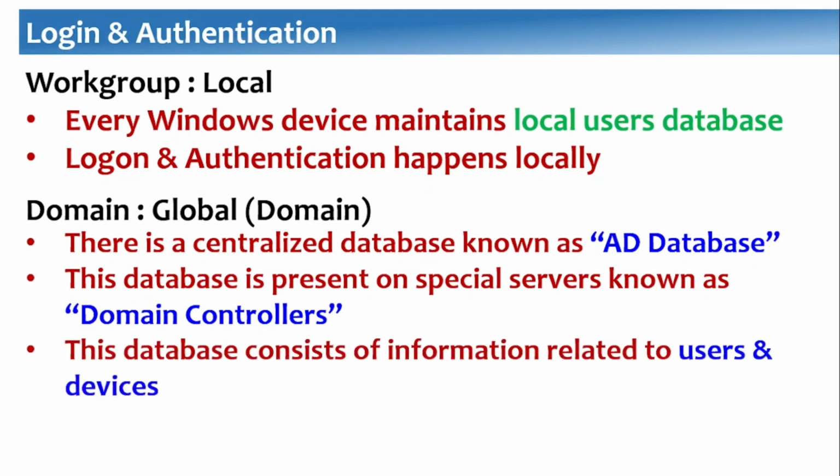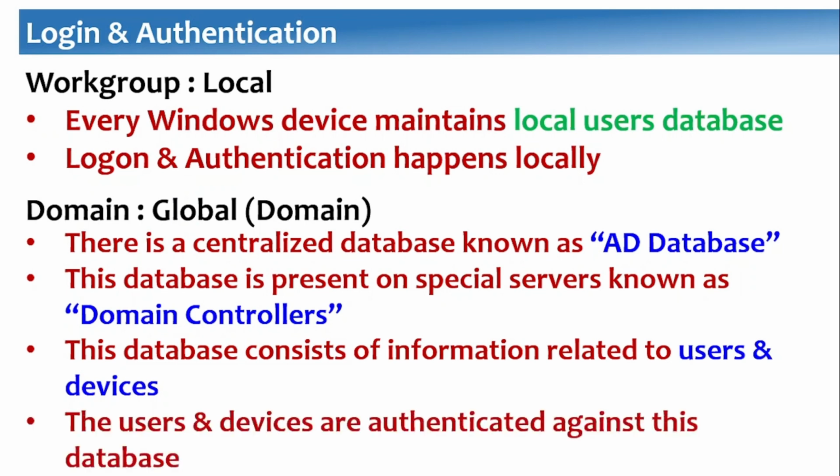It consists of information related to users and all the devices in our domain, and the users and devices are authenticated against this Active Directory database. So there is nothing local here, everything resides on a domain controller.